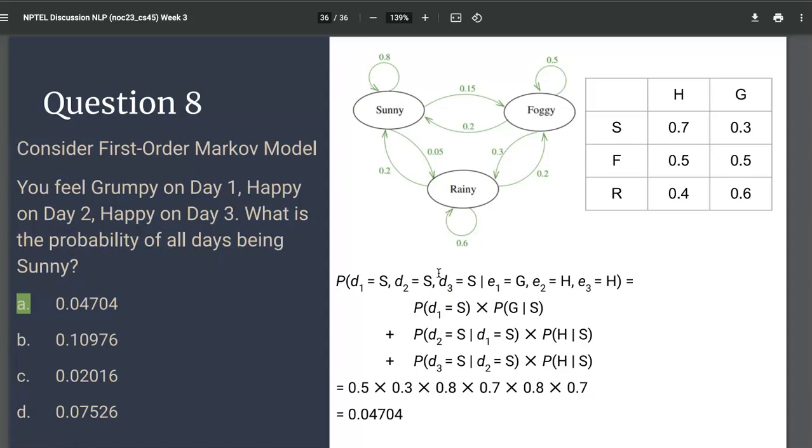Maybe they are asking for tn and tn minus 1 is given. So what are the different paths to go to tn from tn minus 1? Another thing is that if the paths are parallel, you need to add the probabilities, and if the paths are sequential, you need to multiply. This is the basic probability thing. Okay.